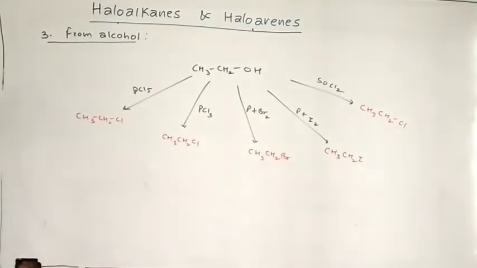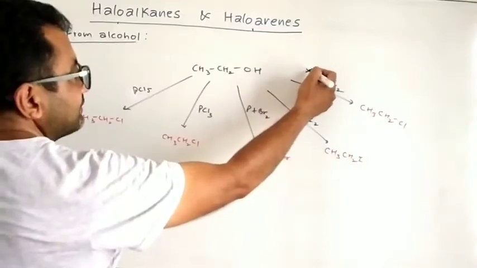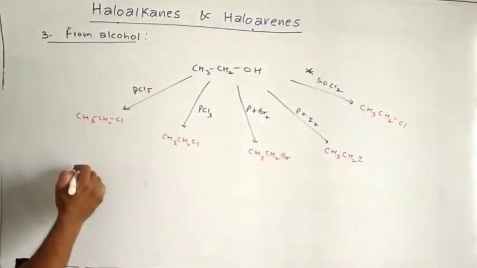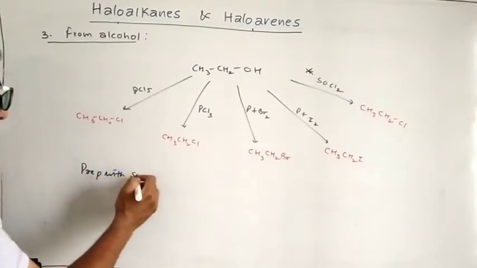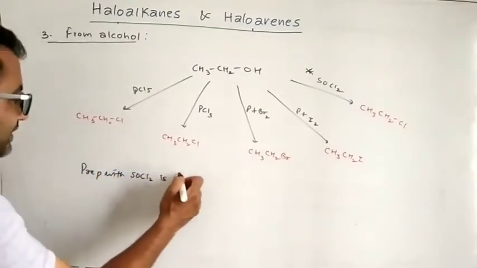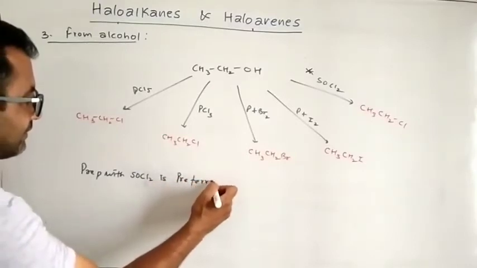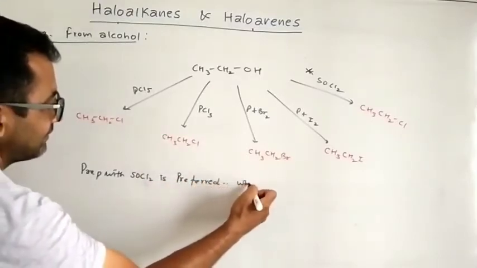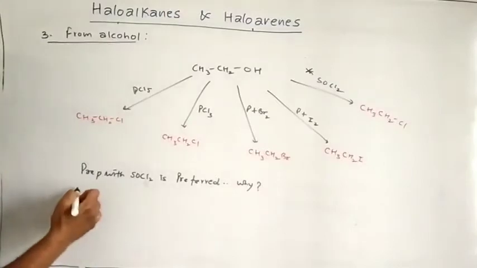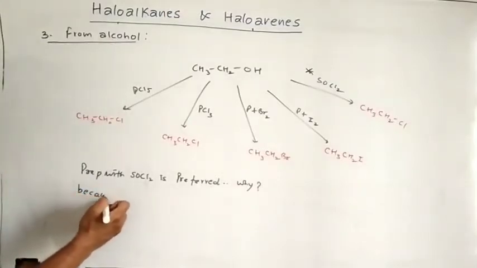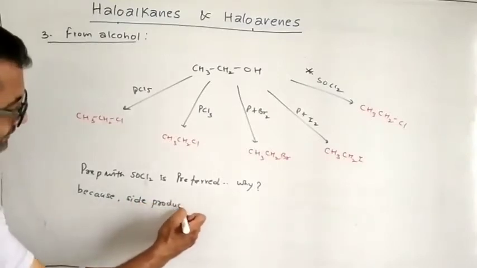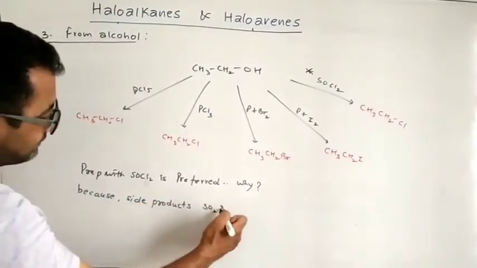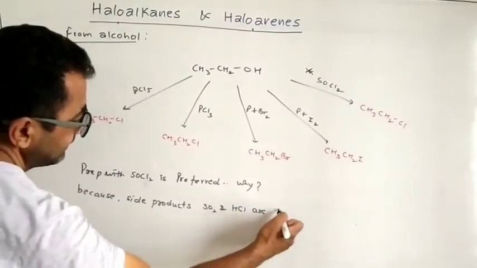And out of these simple methods of preparation of alkyl halide, we prefer this method. Preparation with SOCl2 is preferred. Why? Because side products like SO2 and HCl are gases.